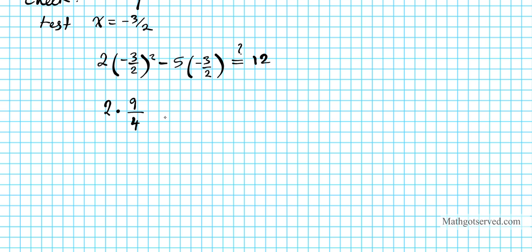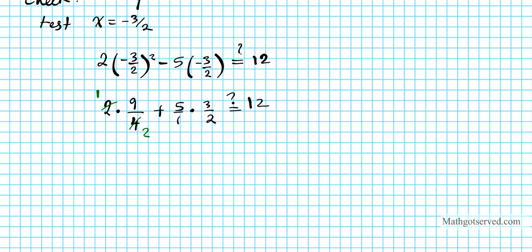All right, so we have 9 over 4 minus, this minus times that minus changes it to plus. So we have 5 over 1 times 3 over 2. Is it equal to 12? Now on the left side here, we can reduce. 2 goes into itself once, and 2 goes into 4 twice.